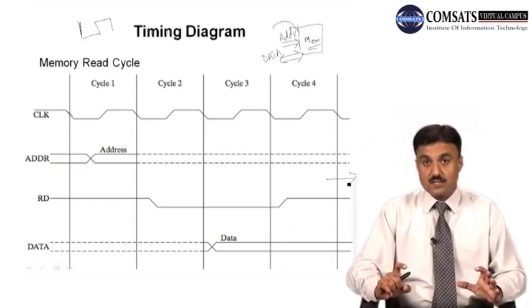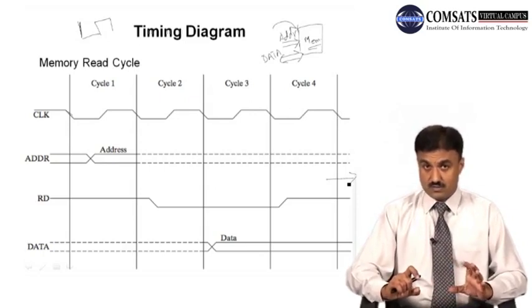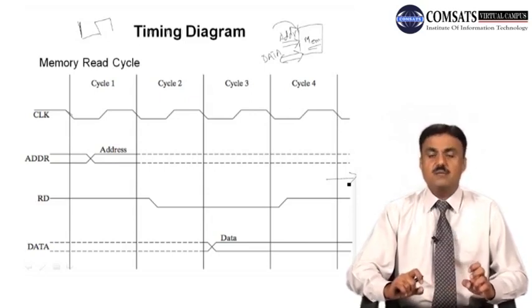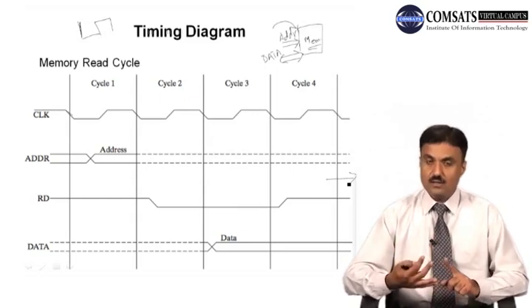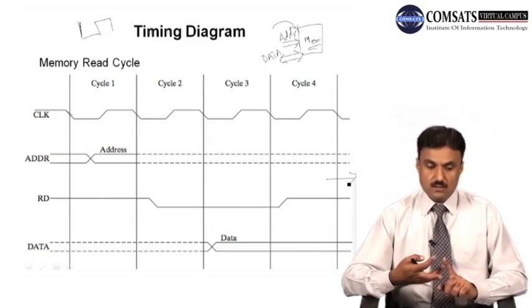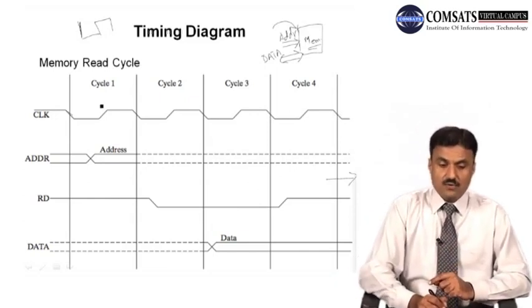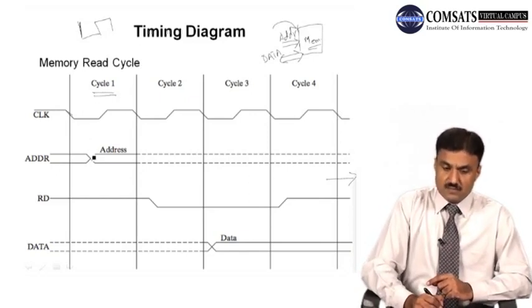But to show you the example of how the CPU performs these operations and what the control signals should be, this is a simplified timing diagram, because we know that there is a clock, there are address lines, control lines and data lines. Here you can see in the first cycle, we put the address here.